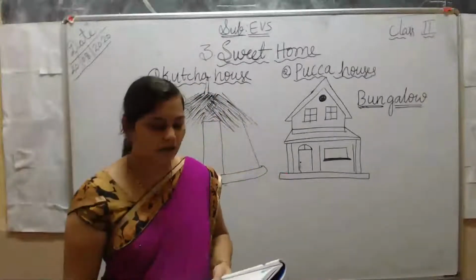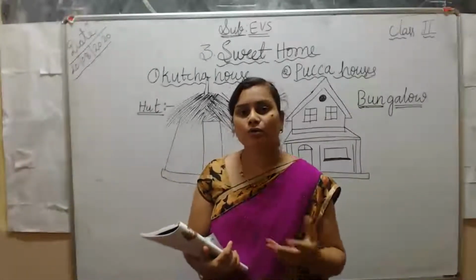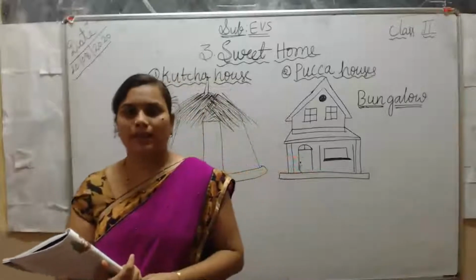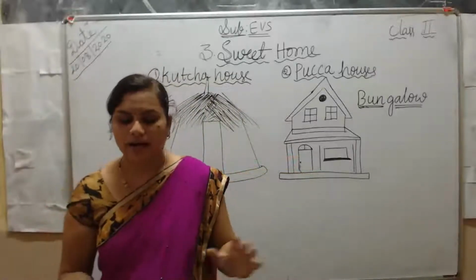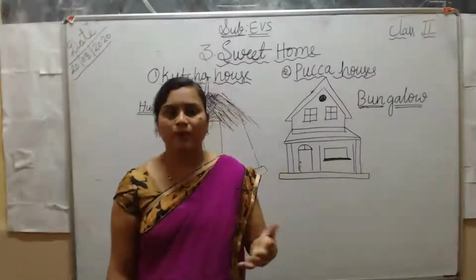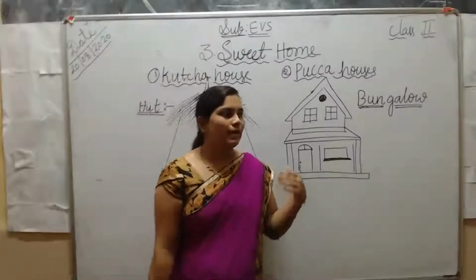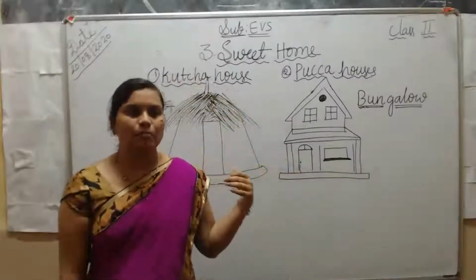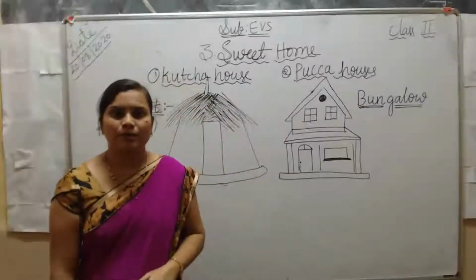When they learned about growing crops, how to grow the crops, they did not have to move around in search of food. They moved from one place to another only because of food. Why did the earlier people move from one place to another to search for food?